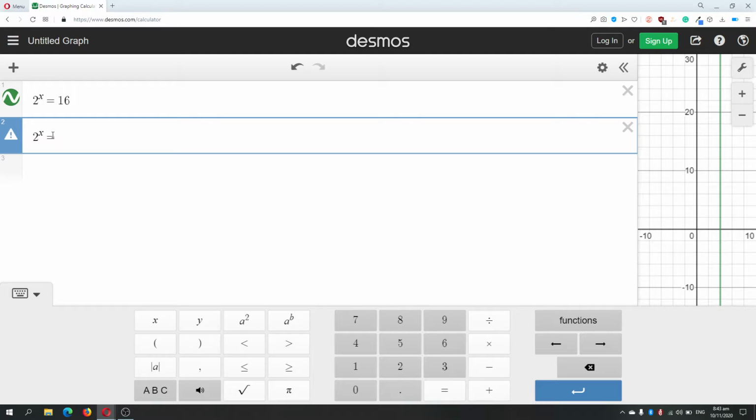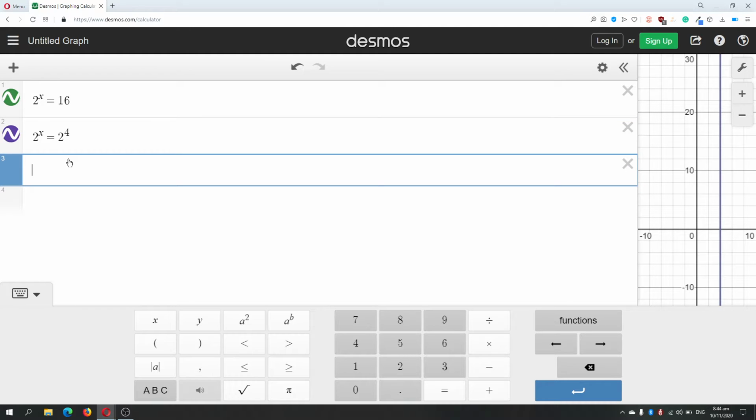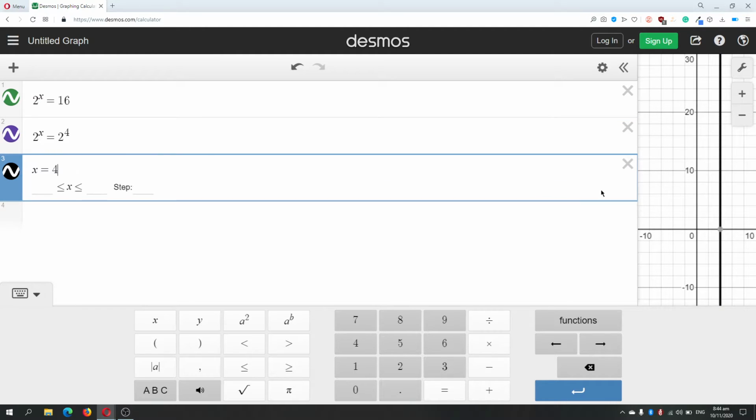Ano ang exponent na pwede natin gamitin for 2? So, that's 16 yung lalabas. That is 4. Bakit? Kasi 2 times 2 is 4 times 2, 8 times 2 is 16. So, ano value ng x natin? X is equal to 4.